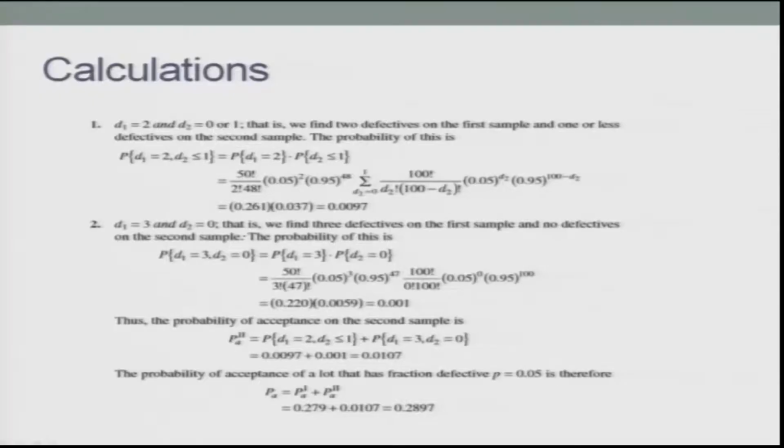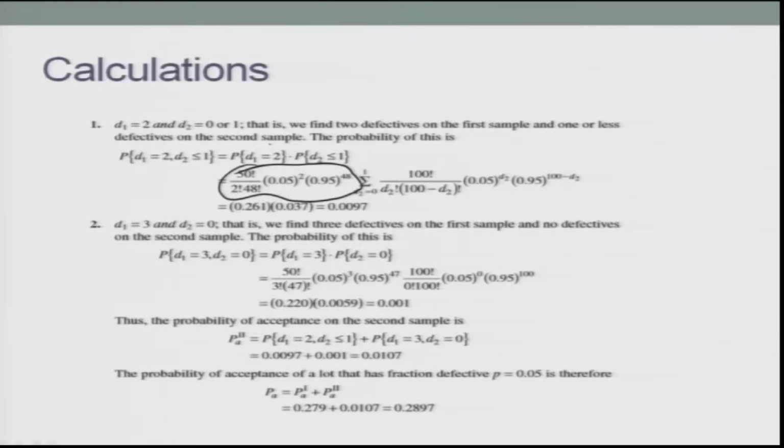So, the probabilities in one case would be that you have already 50, remember it is N1, based on that you find out, because D1 is specified at 2, so that number is fixed. Once this number is fixed, this calculation is not a summation, it is basically a fixed value, because this 50 is the total size N1, 2 is the value of D1 which you have, and based on the probabilities which are already given as 0.05 and 1 minus 0.05, which is 95%, we find out these values.